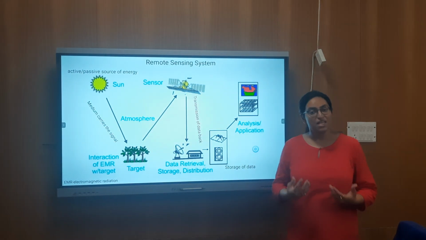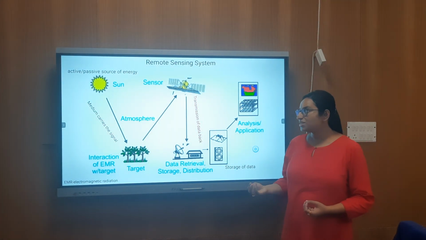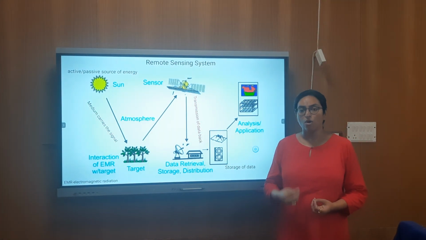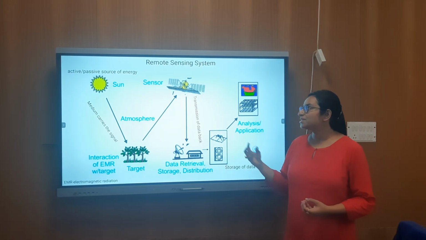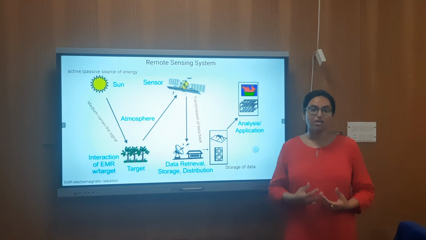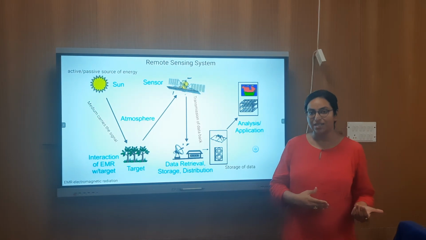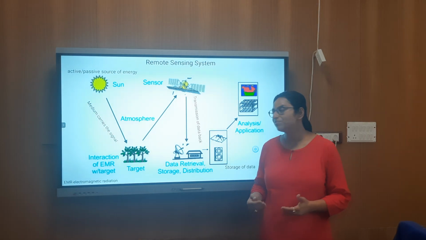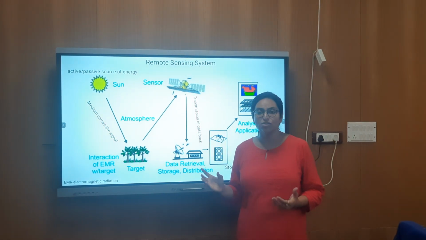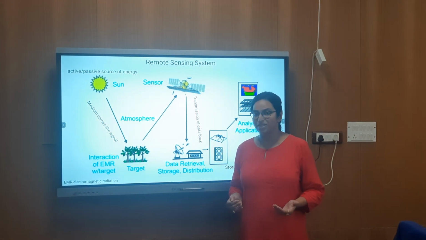Why is the sun a passive source of energy? Because we cannot switch on or off the energy coming from the sun according to our wish. The sun is always present, and the earth is rotating. That's why certain parts get night time, certain parts get daytime. But the energy from the sun is always present.